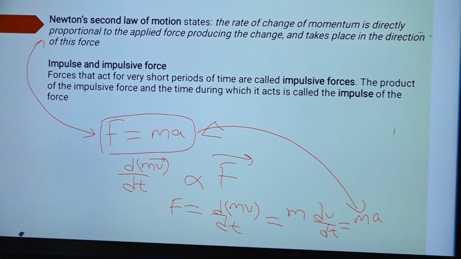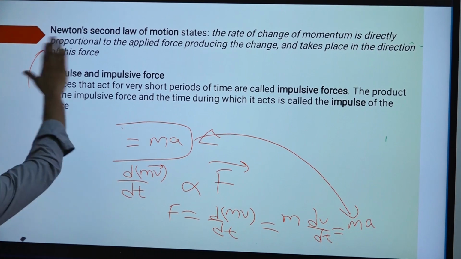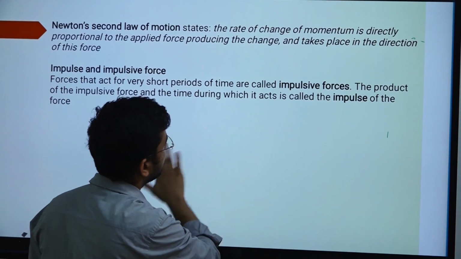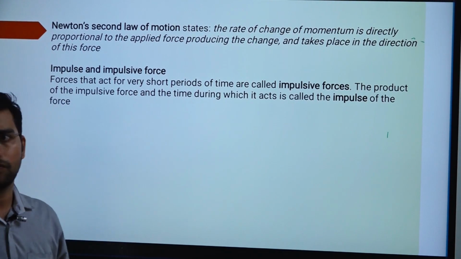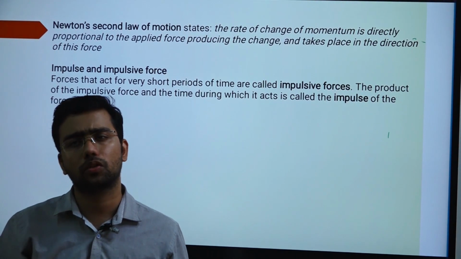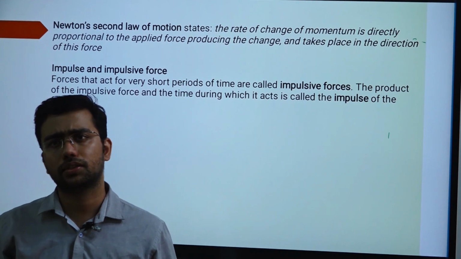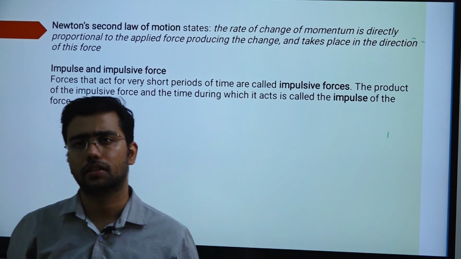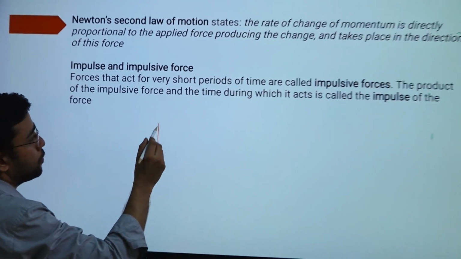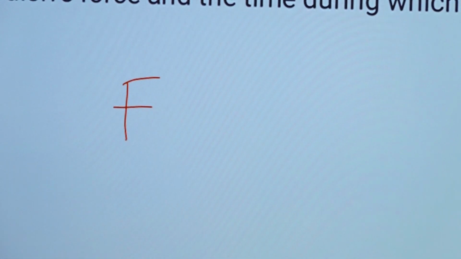Now impulse and impulsive force. So what is the meaning of impulse? When we apply a very high force for a very minute period of time, it is called impulsive force, right? So suppose this F is an impulsive force.